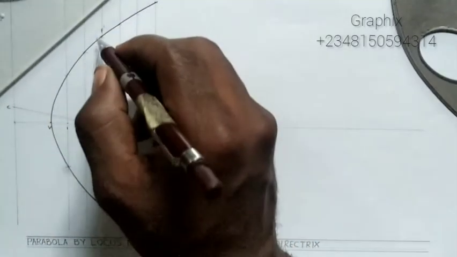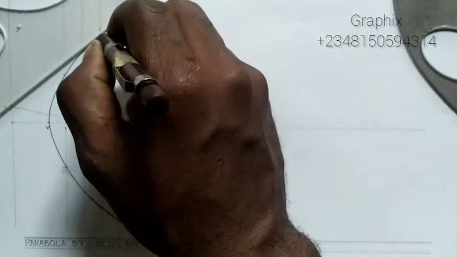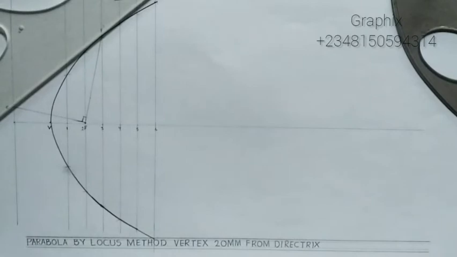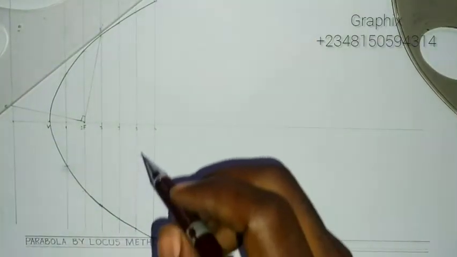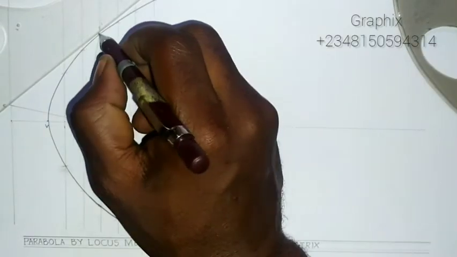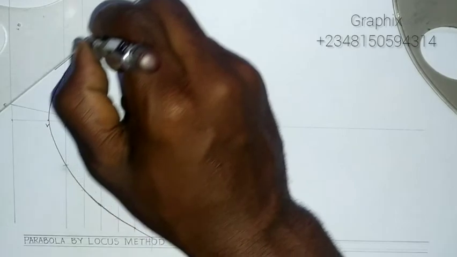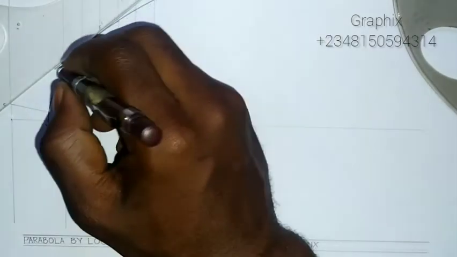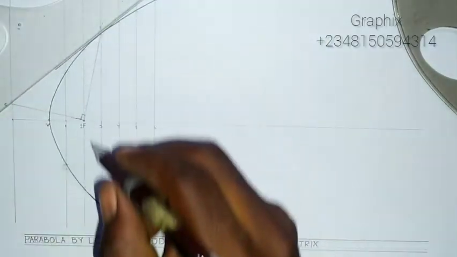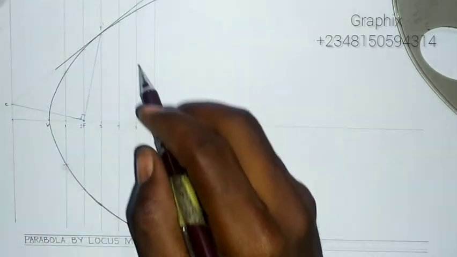So from C to F, I'm going to draw my tangent. From C to F here, I'm going to get my tangent. Right? So this is what I mean here, my faint line. So I need this tangent here, as you can see.